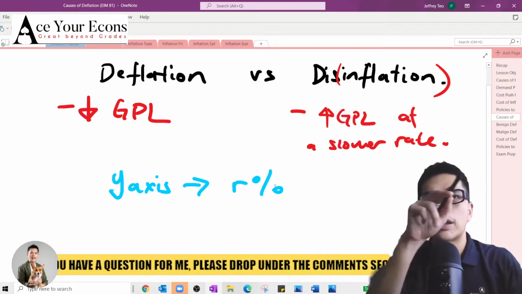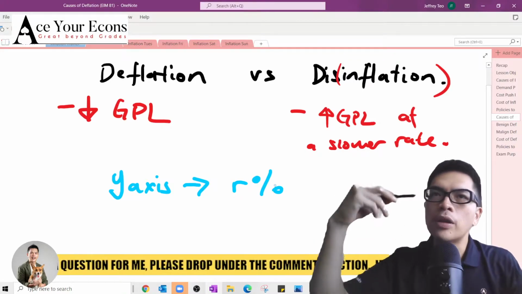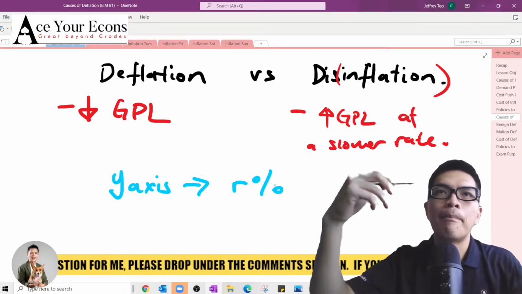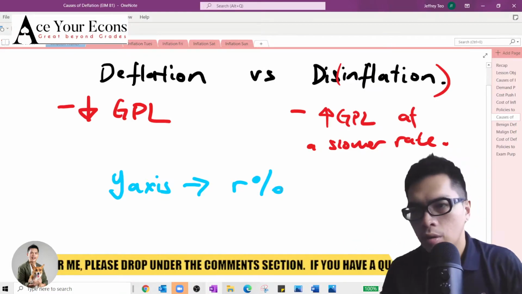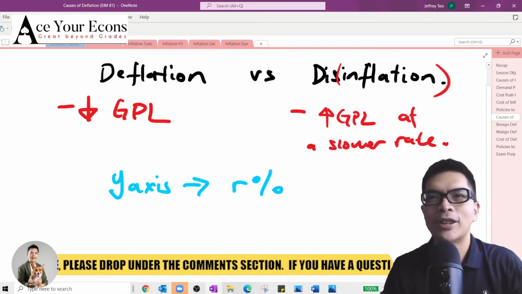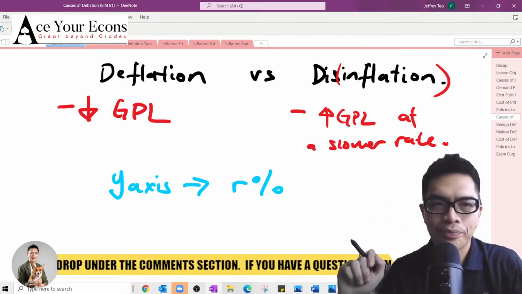Only when it crosses the x-axis, then there is deflation. Anything above the x-axis or 0% must be disinflation. So make sure you can differentiate the two. And no matter how much I say, I think some students will get it wrong. So we'll fall back to the actual practice to address that.